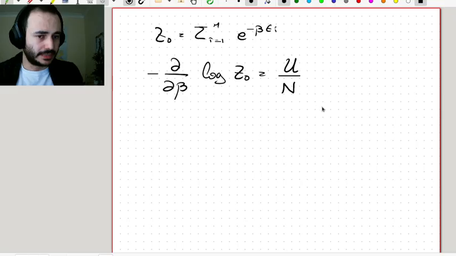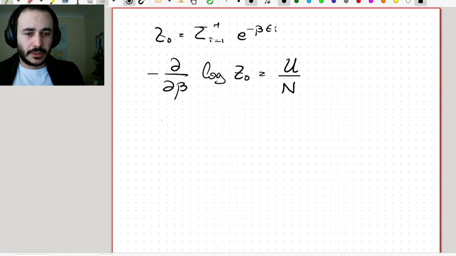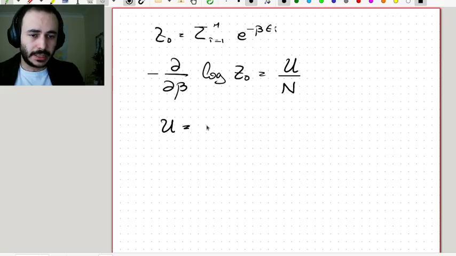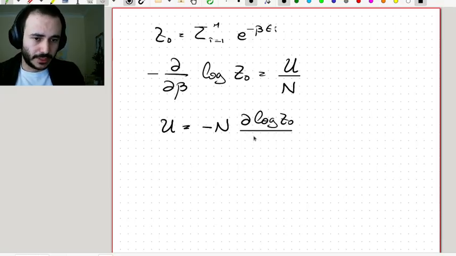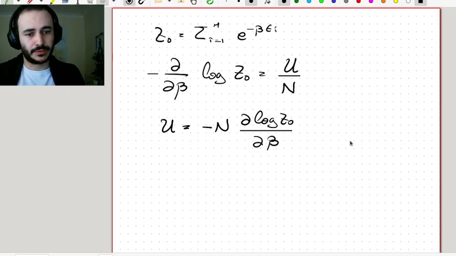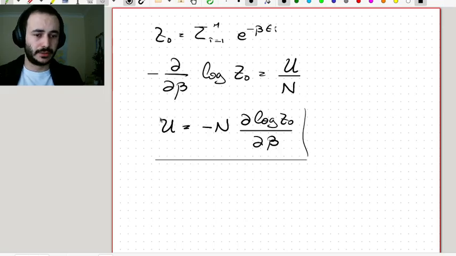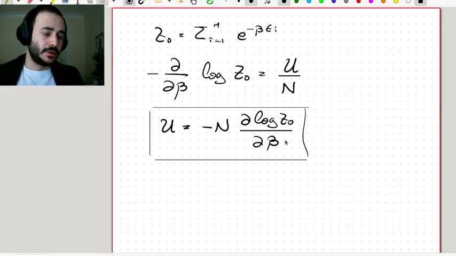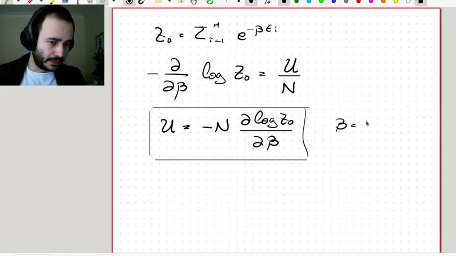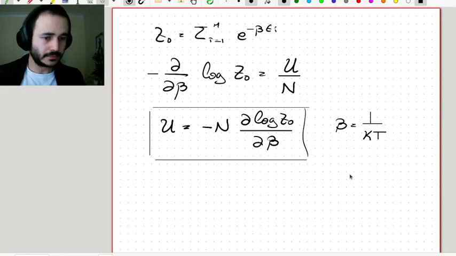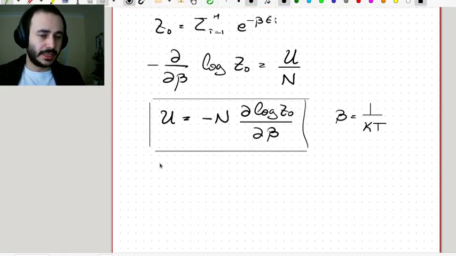This is an identity that we showed. So the internal energy of your system is minus N times the partial derivative of the logarithm of the partition function with respect to the inverse temperature. If you have Z, you can take this derivative, where remember beta equals 1 over kT, and then you get the internal energy.